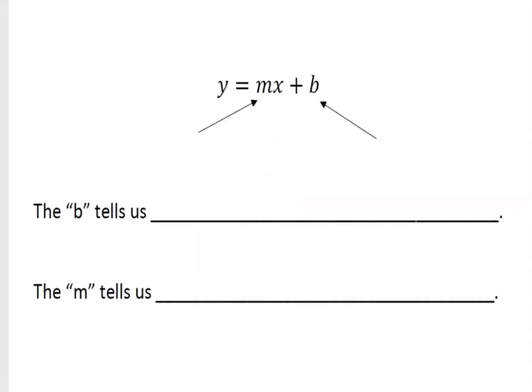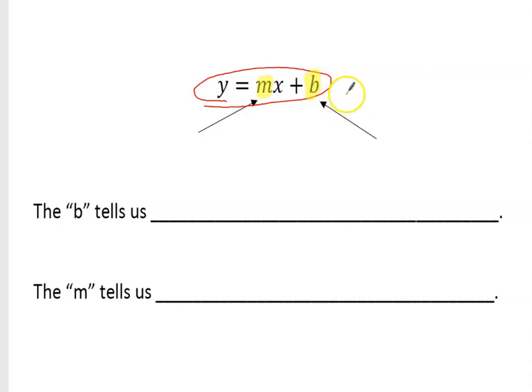So slope-intercept form is this equation right here, y equals mx plus b. And in this, the m and the b are two important letters that we're going to use to graph our line.